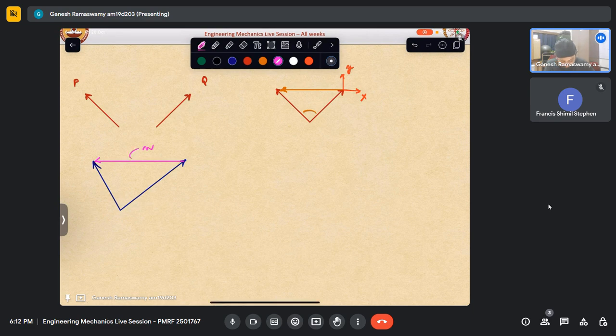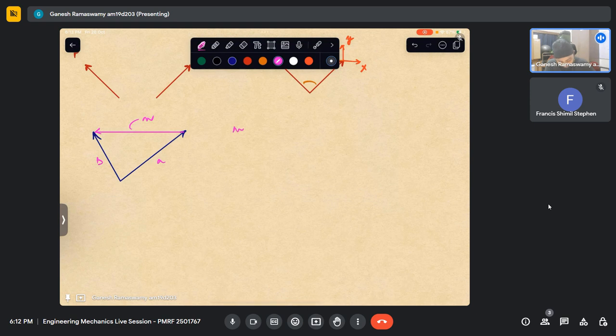Let this be m. If this is a, b, then m you can easily calculate. If this angle theta you know, then m squared is nothing but a squared plus b squared minus 2ab cos theta. This is the cosine rule.